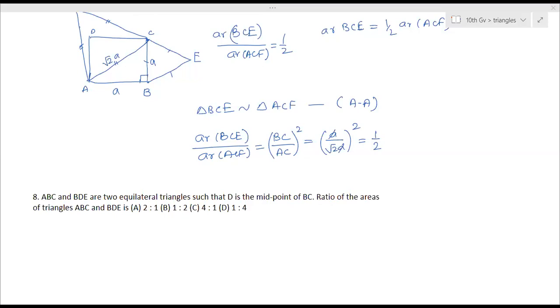Then draw BDC anywhere, below BD, BC. First answer.